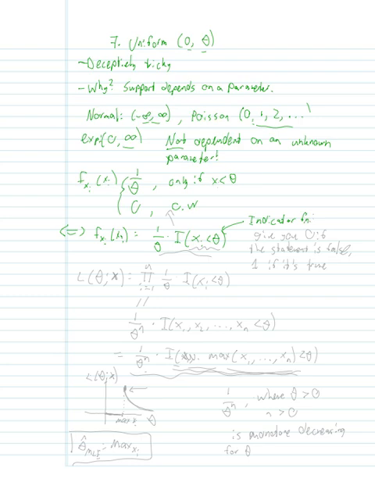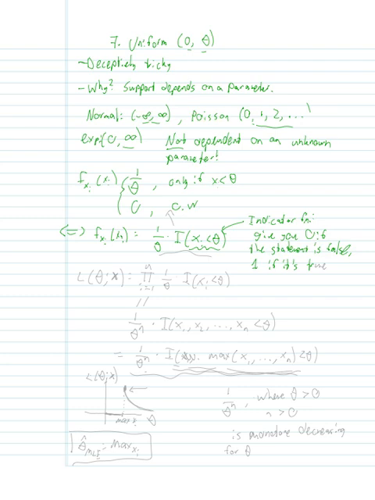The indicator function, if you haven't seen it, will give you 0 if this statement is false, and 1 if it's true.